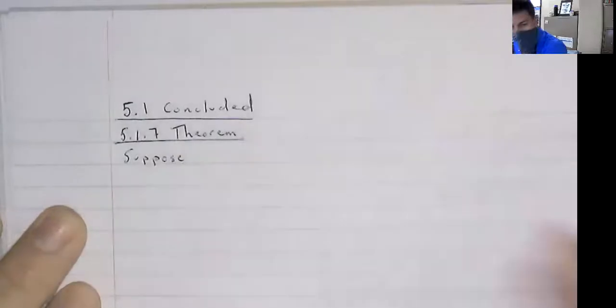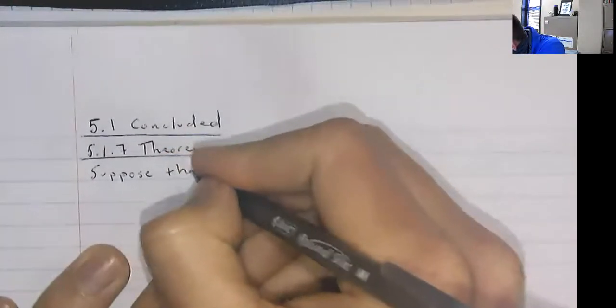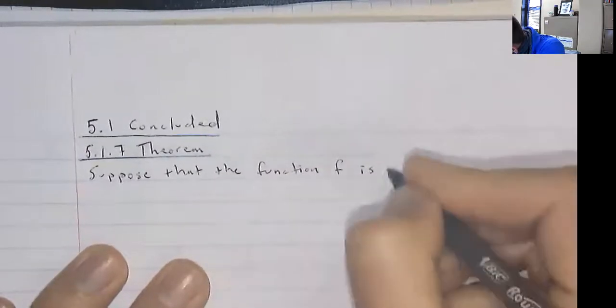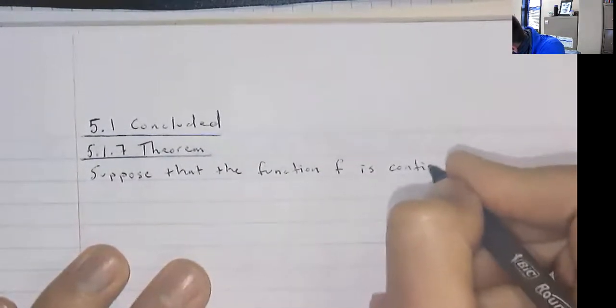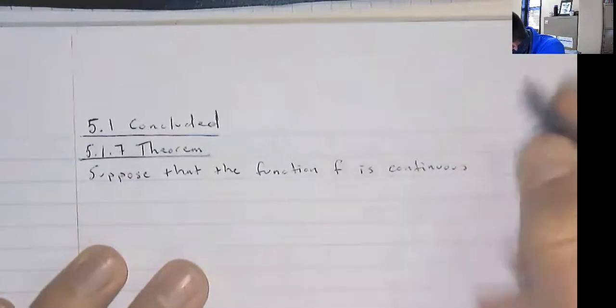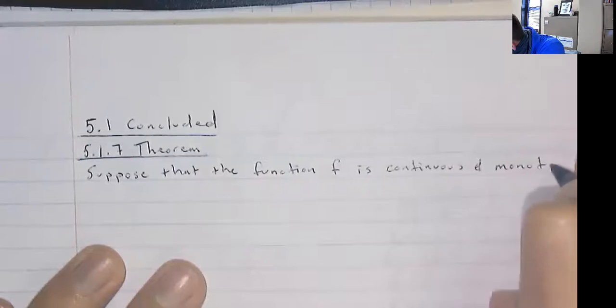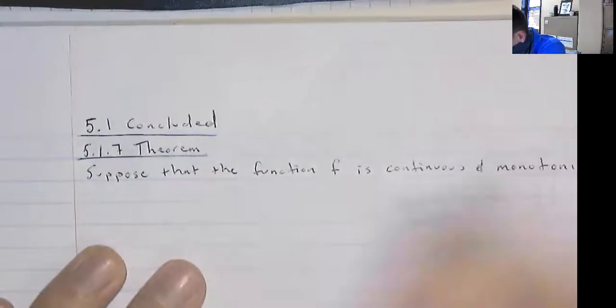And it has us supposing, always a dangerous thing to do, suppose that the function that we'll call f is continuous and monotonic. It's a fun word, monotonic. On some interval from a to b.